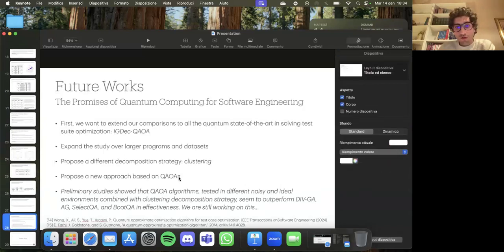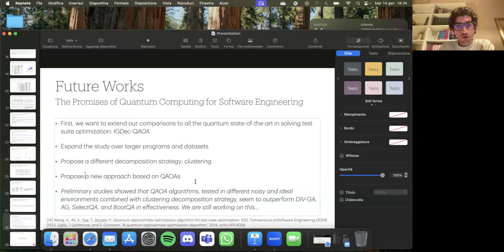That was definitely one of the ideas, also because we are obtaining great results combining it with clustering. The big amount of connections between qubits can also make it much more difficult for the annealer to solve the problem. So yes, definitely this is one of the paths that we are considering.